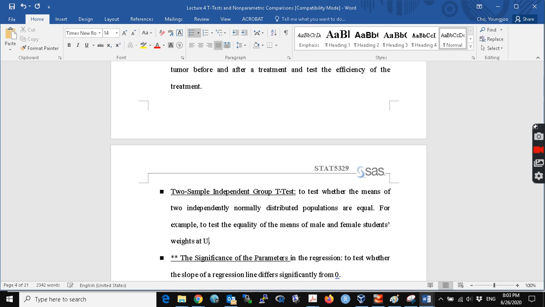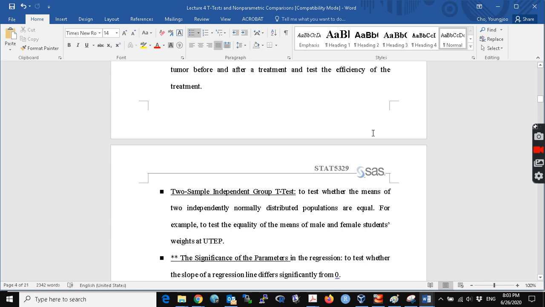The independent test is used when you have two different populations, for example, a population of men and a population of women.